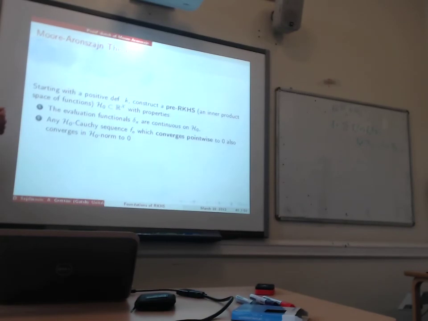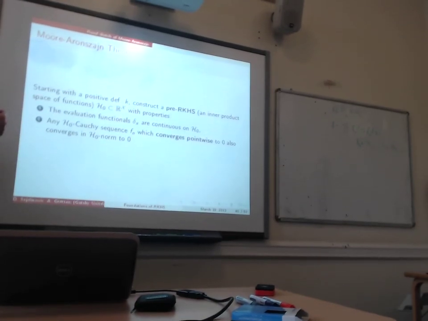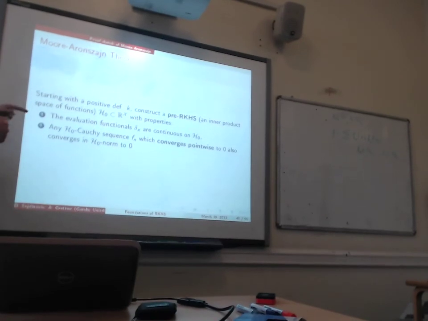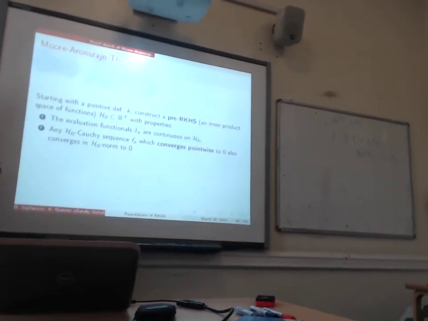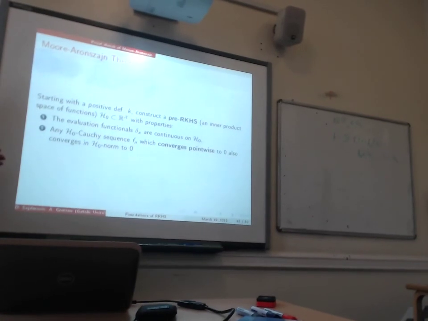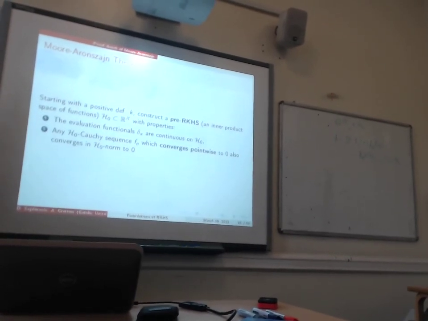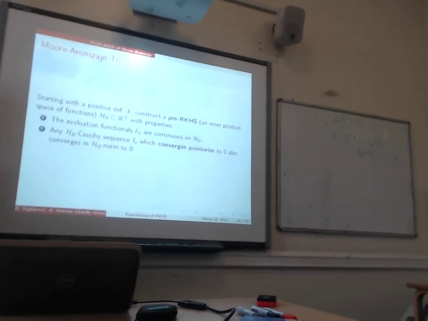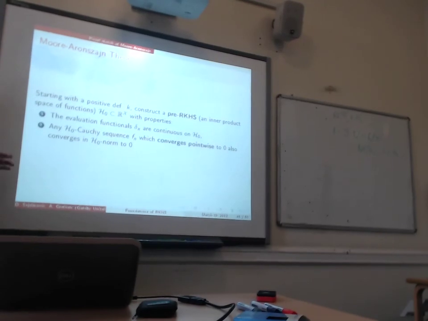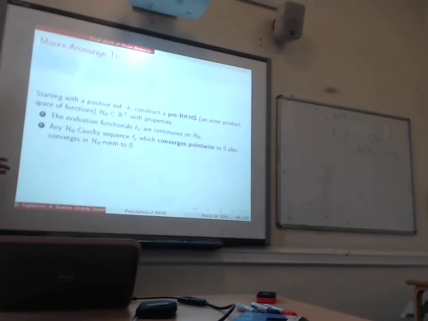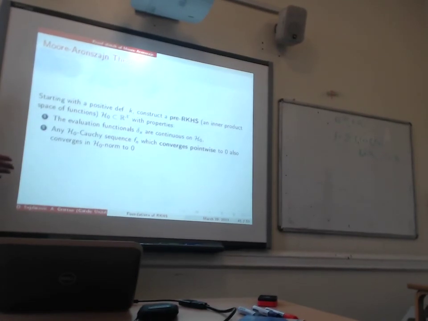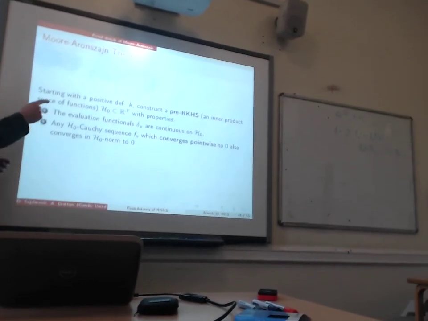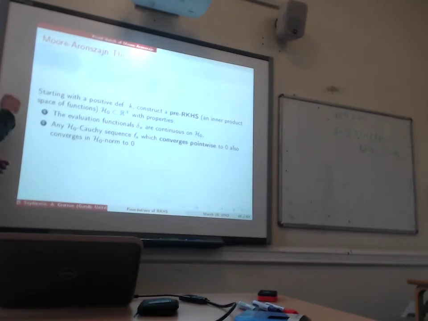The proof proceeds in the following way. First, you have to construct a space that may not even be a Hilbert space, and that is called, in the notes, and the proof in the notes is based on the Berlinet and Thomas-Agnan book, a pre-RKHS. So this is just a space of functions that has an inner product, but need not be a Hilbert space. And then you have to show for that space these two properties.